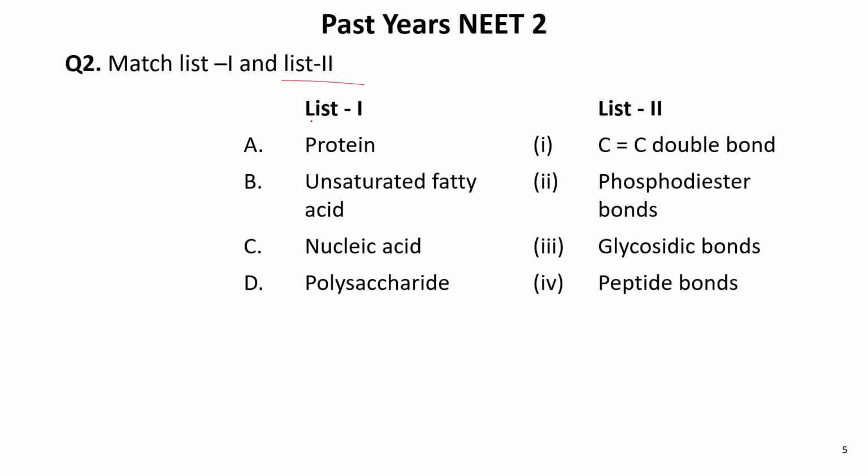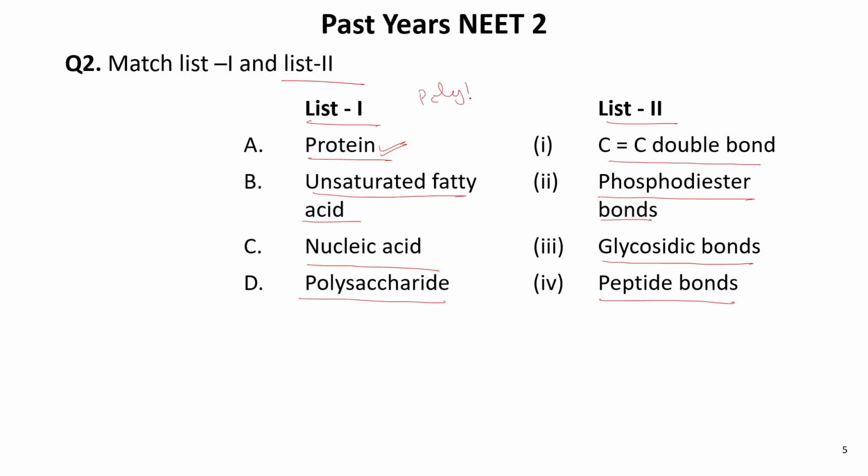So what is given in list 1? Protein; B, unsaturated fatty acid; nucleic acid; polysaccharide. In list 2, it is given carbon-carbon double bond, phosphodiester bond, glycosidic bond, and peptide bond. So protein, we all know, is formed by the formation of polypeptides.